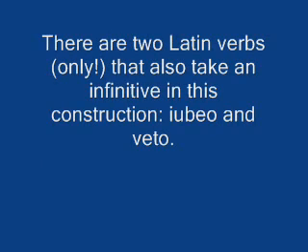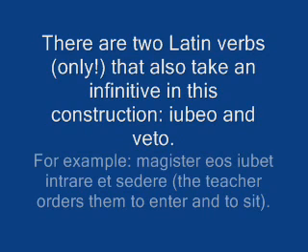But before we speak about the normal way that Latin does this, let's get the exception out of the way, or exceptions. The exceptions are the commanding verbs iubeo and veto. Those take an infinitive, just like English does.